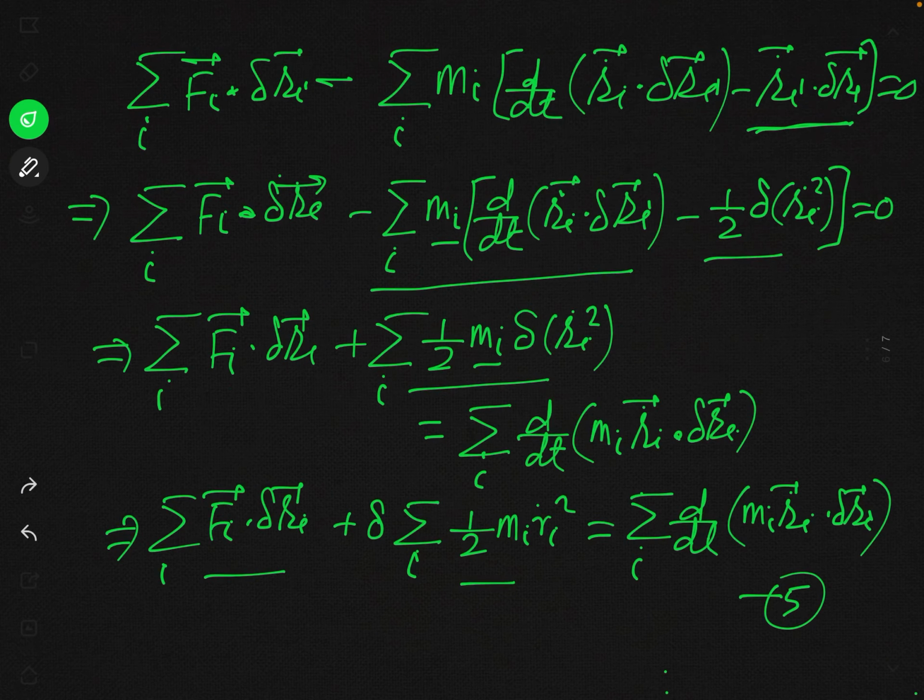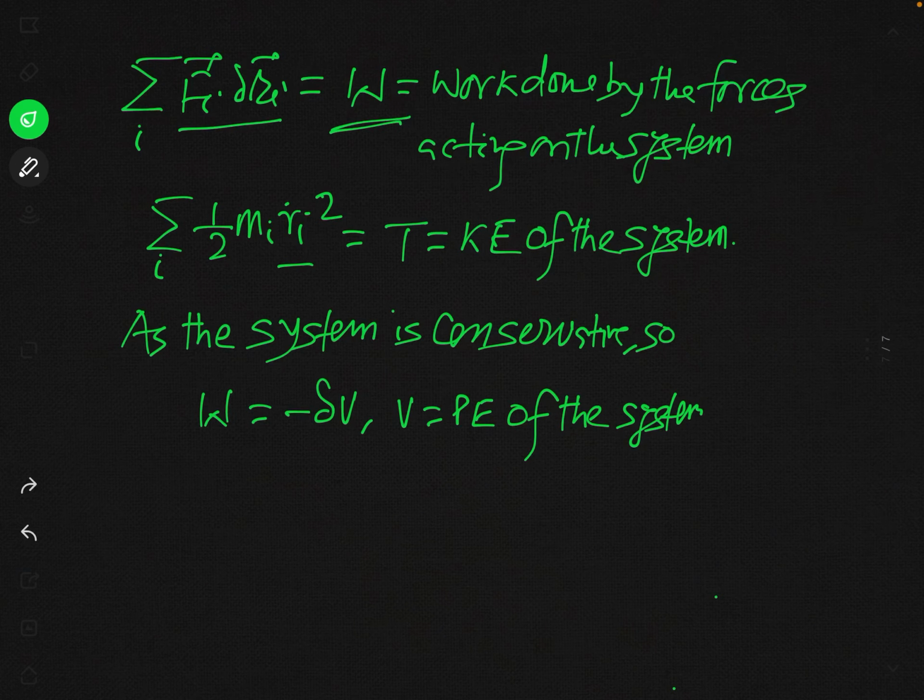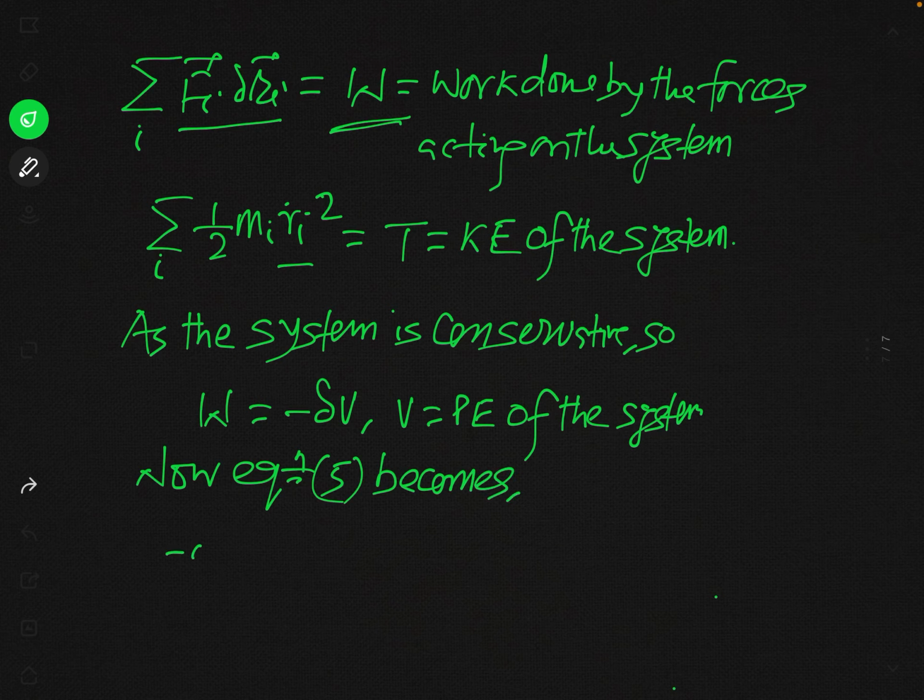You can see here, this first term is now W, and W is equal to minus delta V, and this second term will be delta T. So now equation 5 becomes minus delta V plus delta T, and this is equal to what?